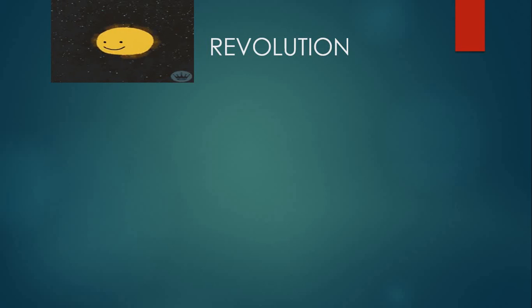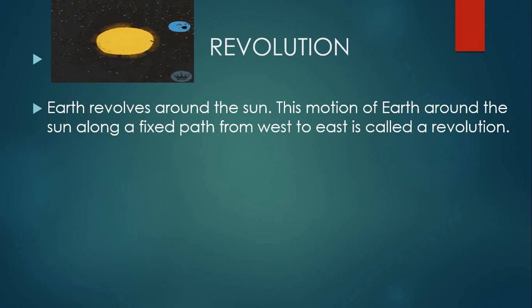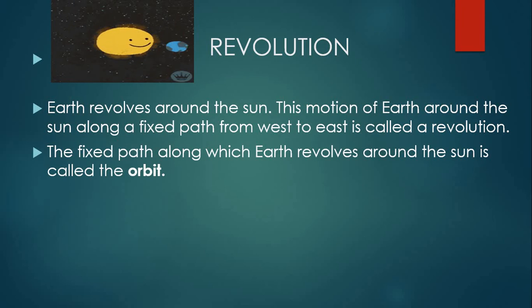Here comes the next type of motion of the Earth, that is revolution. Earth revolves around the Sun. This motion of the Earth around the Sun along a fixed path from west to east is called a revolution. The fixed path along which Earth revolves around the Sun is known as orbit.